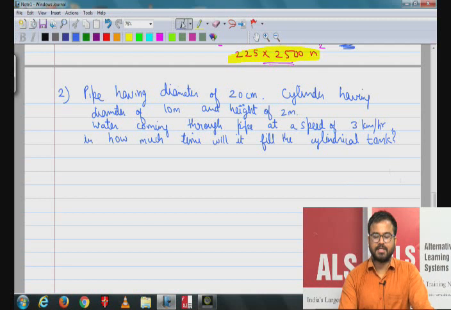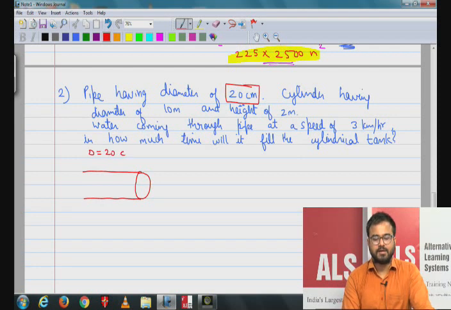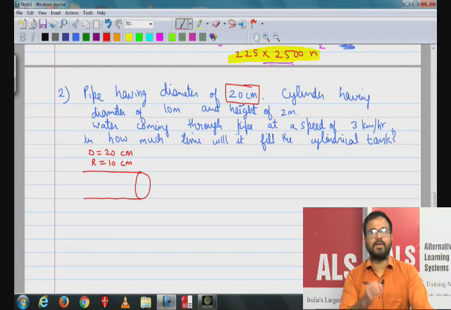The question says there is a pipe. If you draw the diagram, it will be like this. This is the pipe, and the diameter of the pipe is 20 centimeter. If the diameter is 20 centimeter, the radius is 10 centimeter, and let us convert all of them into meter. So 10 centimeter means 0.1 meter. This is the radius of the pipe.